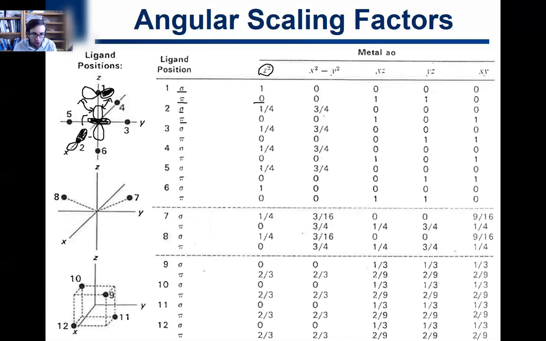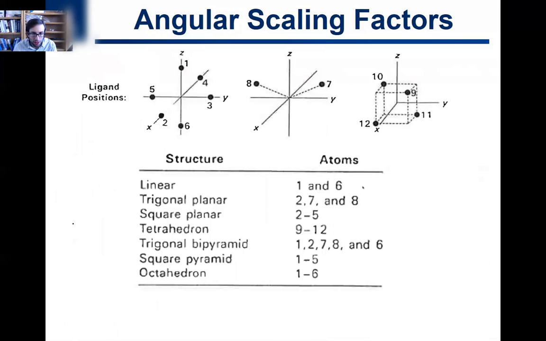And so anyway, this is for all the different common geometries. Here's setting you up for doing tetrahedral. Here can set you up for doing like a bent structure. And so here's going in more detail about the different structures that you can form. So like if you want to do trigonal planar, you'd use position 2, 7, and 8.